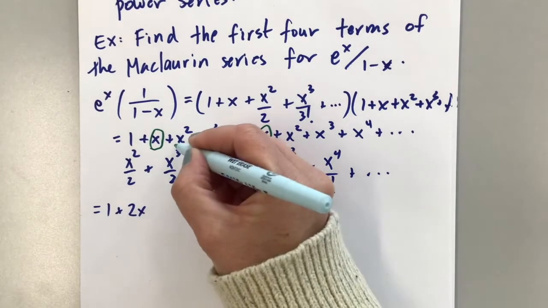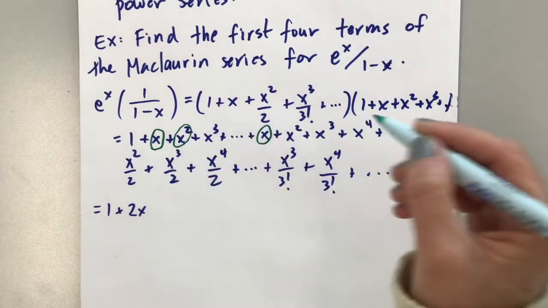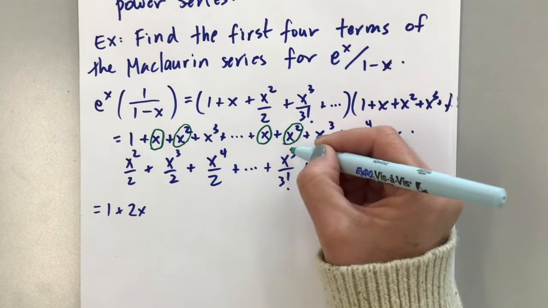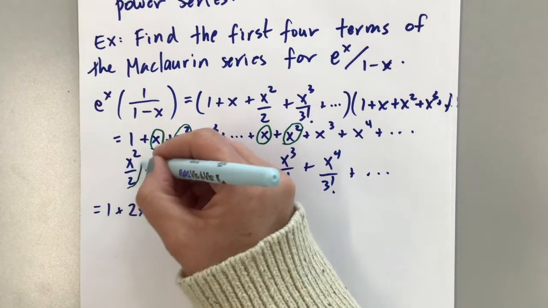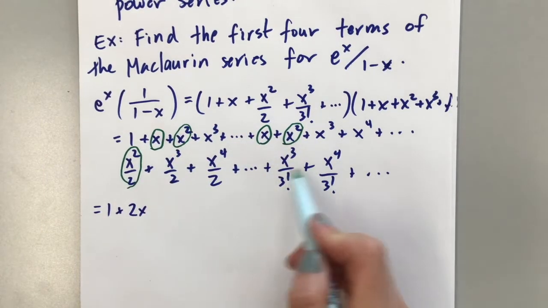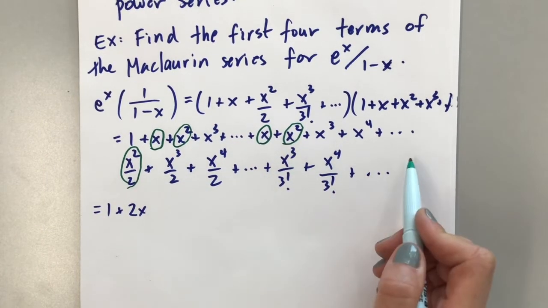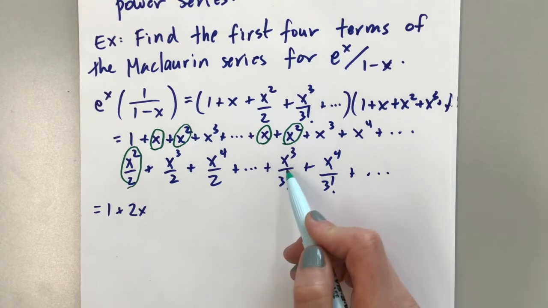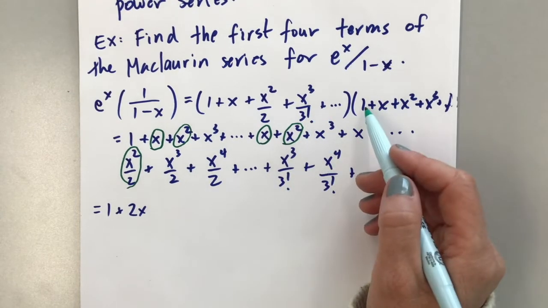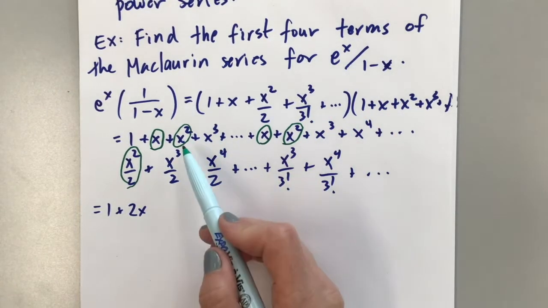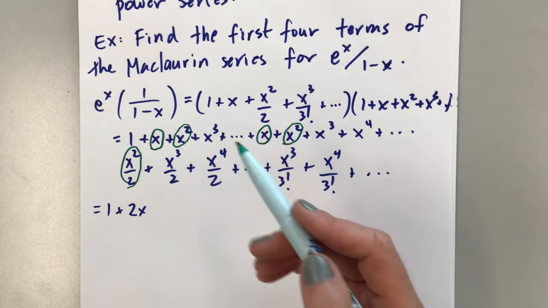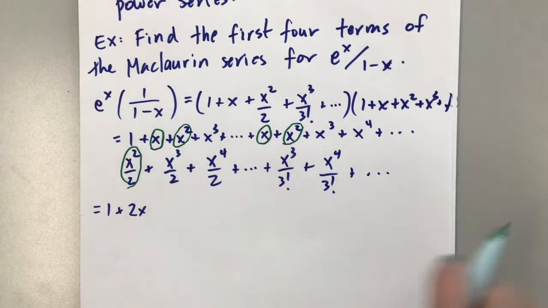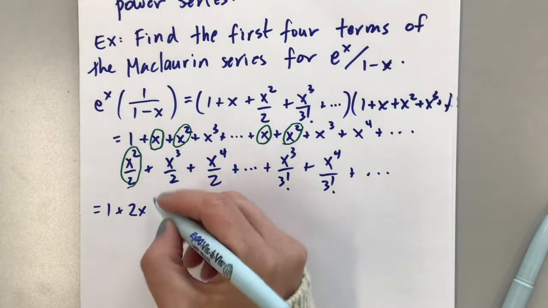So we have an x squared here, and x squared here, and an x squared here. Okay, and I know there are no x squareds coming from here, because that was starting off at x cubed over 3 factorial times that 1. So we have x squared plus x squared over 2. So that's going to be plus 5 halves x squared.